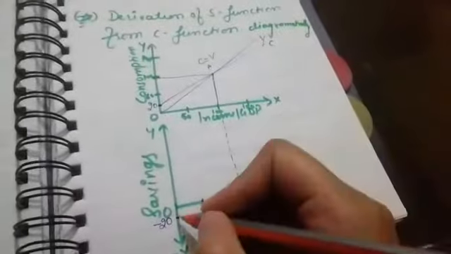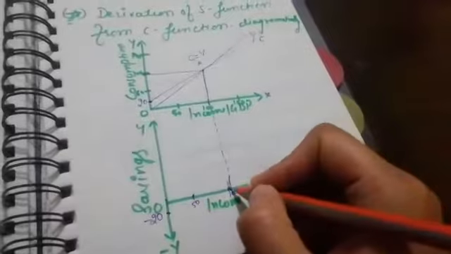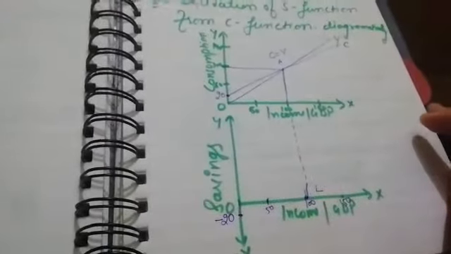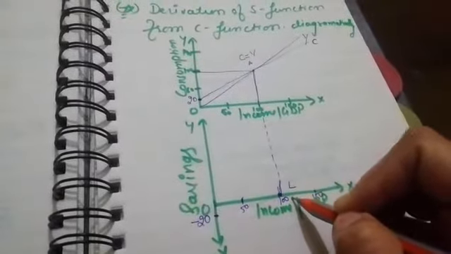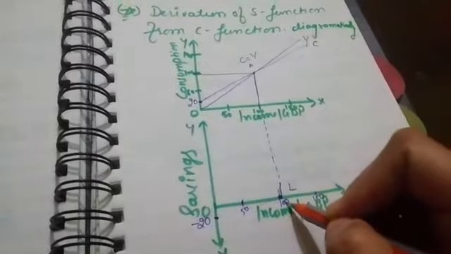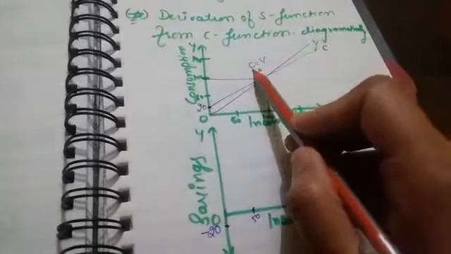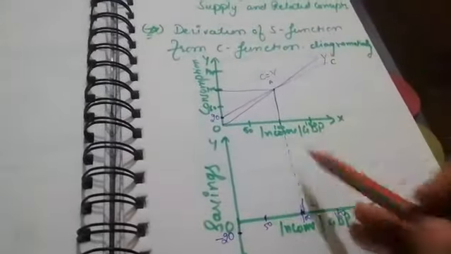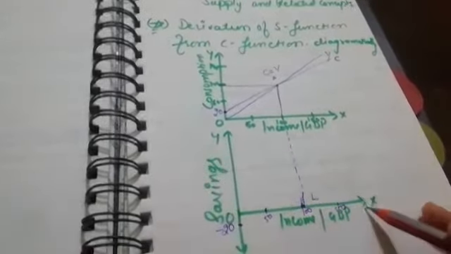Now we got 2 points: the point minus 20 on the minus y axis, and a point L where the output is 100. Here at point L consumption is equal to income. If income is equal to consumption plus saving, then at this point saving will be equal to 0, because the saving curve that we are going to create will touch the x-axis.